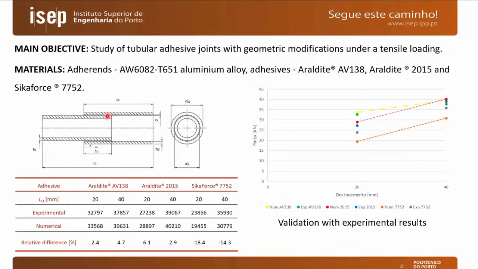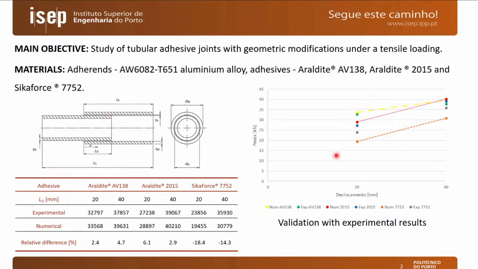The materials for these joints were aluminum adherends, the AW682, which is a high strength aluminum alloy with a failure strength under tension of about 320 megapascal. So it has a reasonable strength. And in this first slide of results, I give a short overview of the experimental results, which allowed us to validate the numerical technique that we used in this work, which was cohesive zone models.